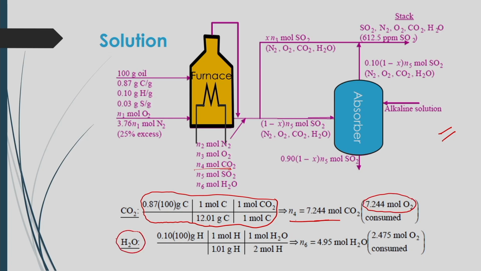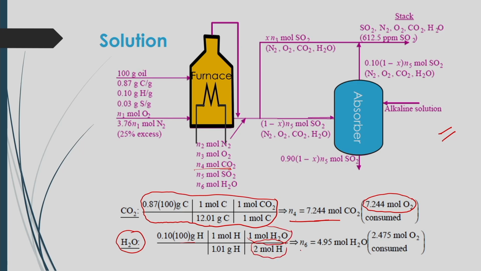Similarly, for water, consider the amount of water supplied in that furnace as a feed stream. That will be 10% as hydrogen, and if you convert that hydrogen from gram to mole, then 2 moles of hydrogen will give you 1 mole of water.